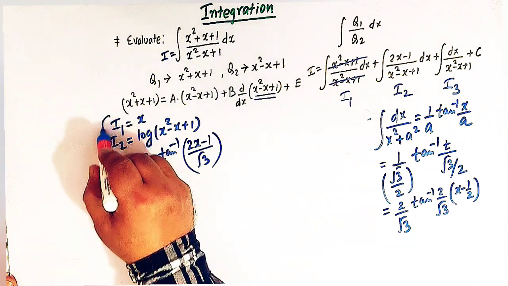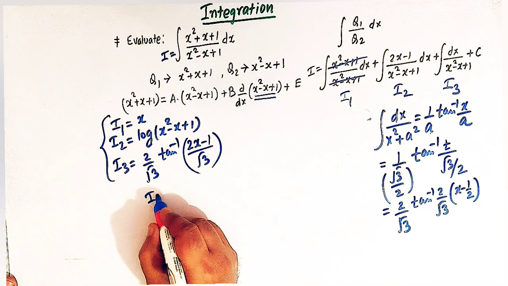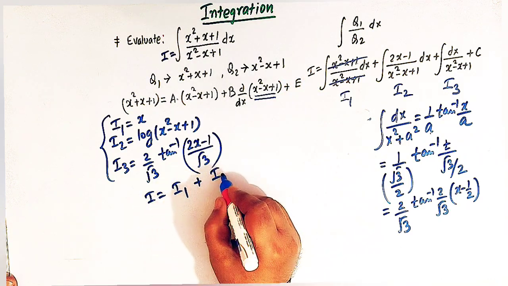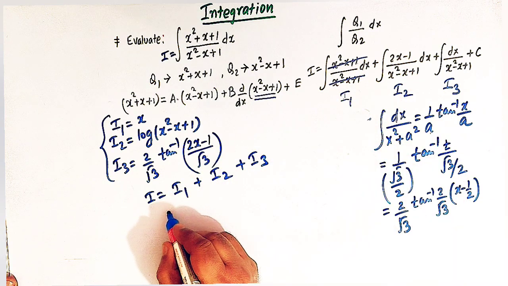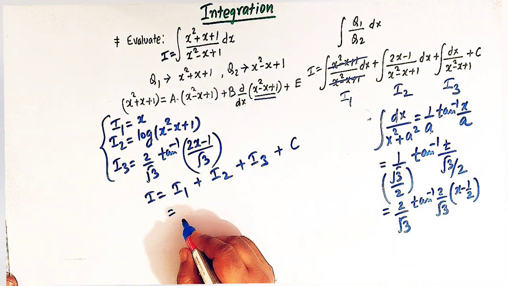So this is how we can solve these three integrals, and now our final integral I can be written as the sum of three integrals, right? I1, I2 and I3. So I1 is, and obviously the constant of integration c.